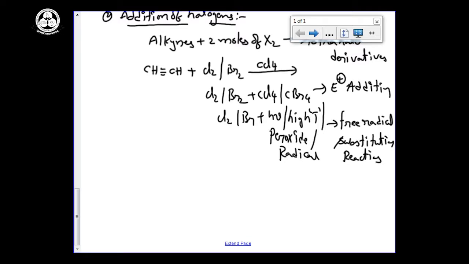So while looking at the reagents itself, we have to carefully observe and follow GOC. In GOC you can observe what we are doing.